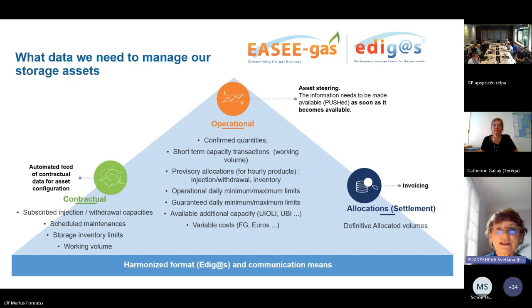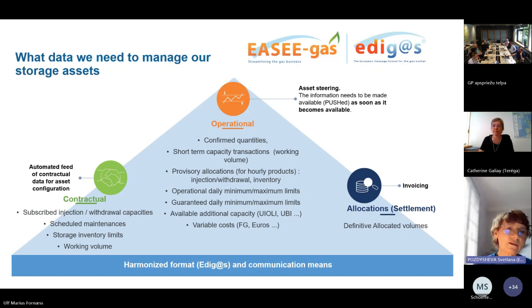It can be guaranteed daily limits. We need to know about variable costs like fuel gas, or eventually costs in euros. And we're also interested in getting any additional available capacity, like use it or lose it, or use it or buy it, if it is available. So there is a lot of data.